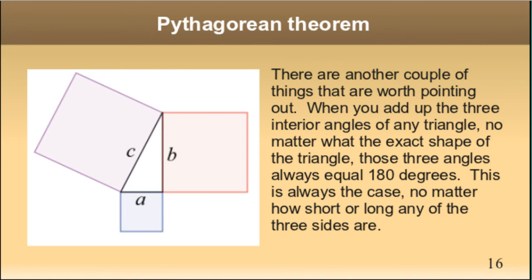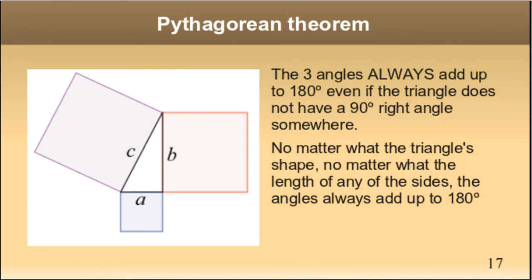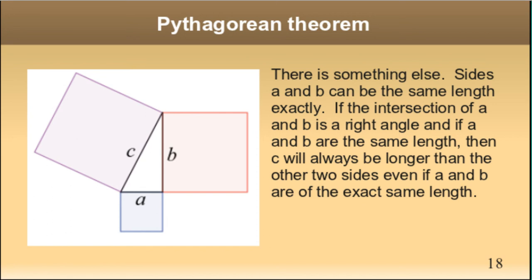It's always 180. The three angles always add up to 180, even if the triangle does not have a 90-degree right angle somewhere. No matter what the triangle shape, no matter what the length of any of the sides, the angles always add up to 180.